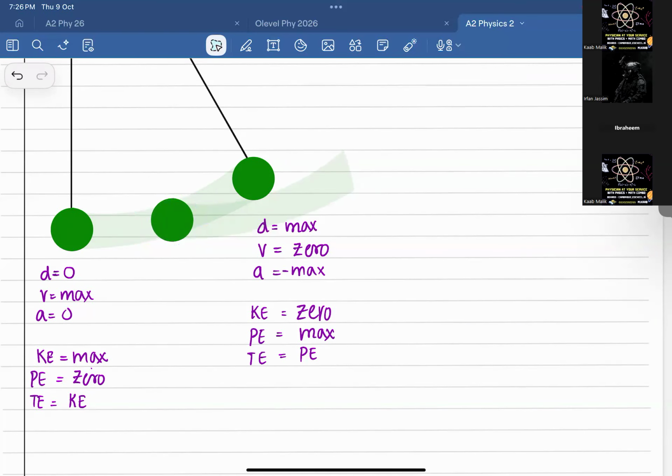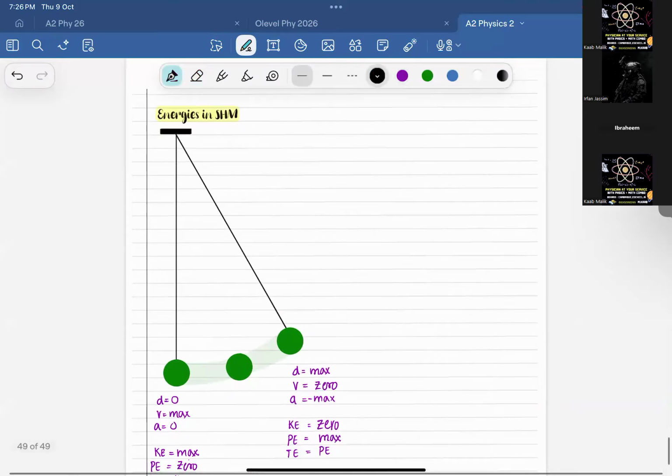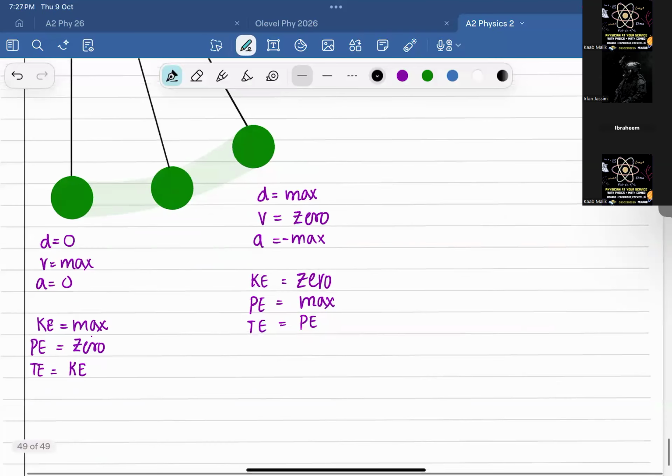At this position, the displacement will be smaller than maximum, but greater than zero, right?